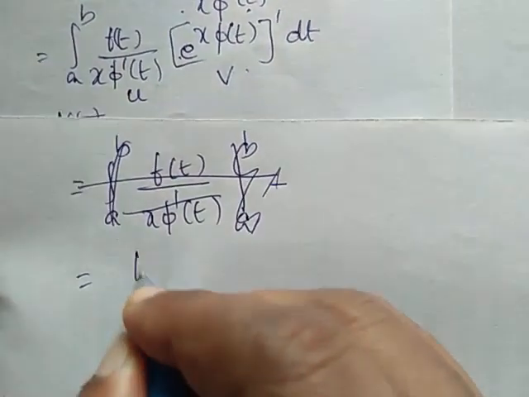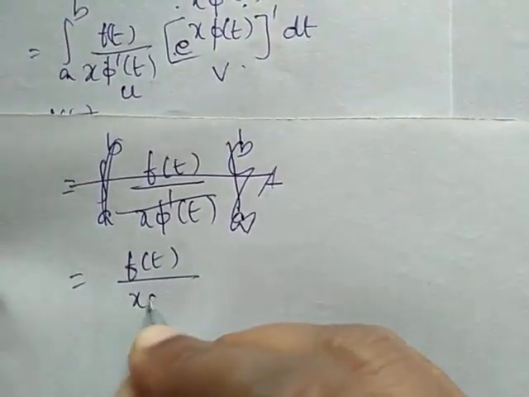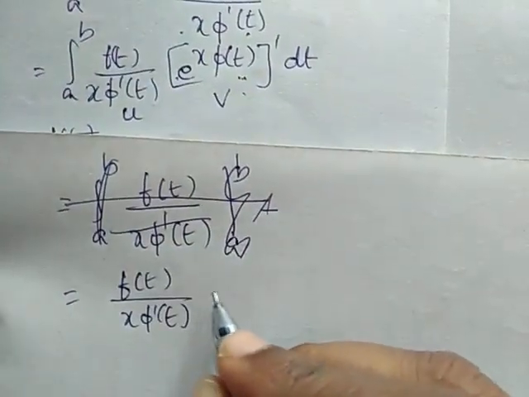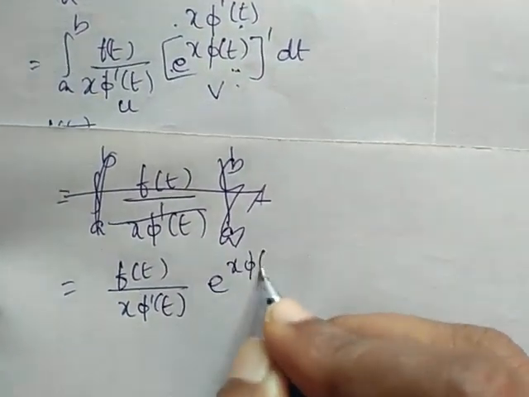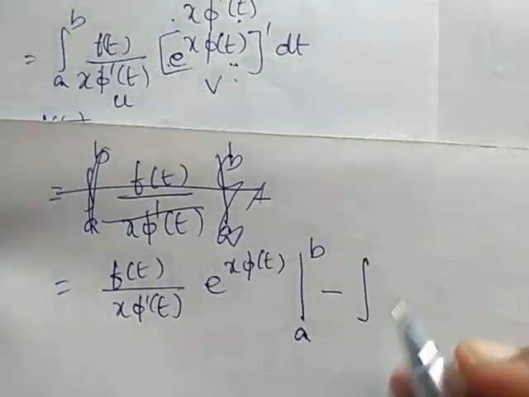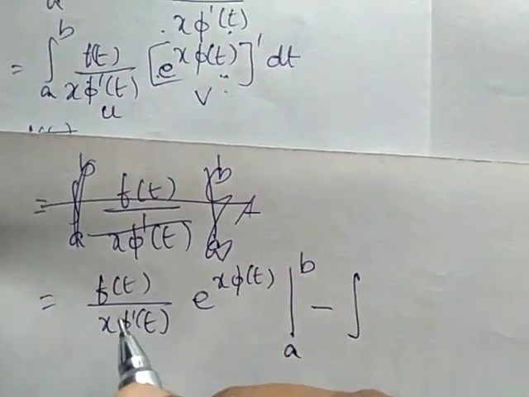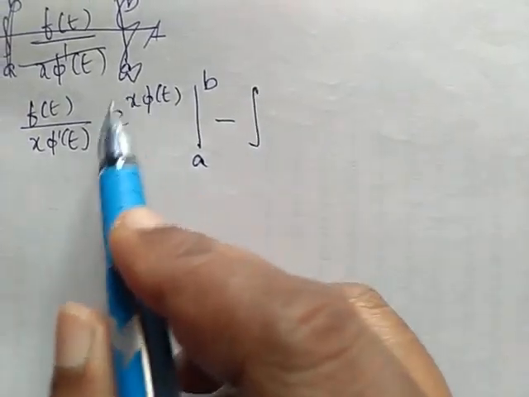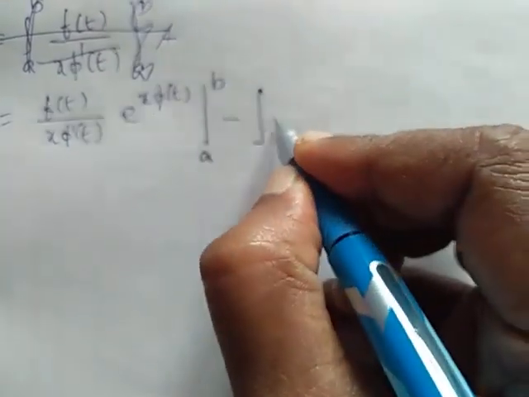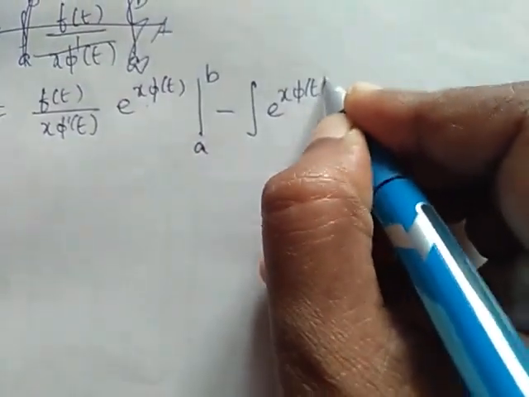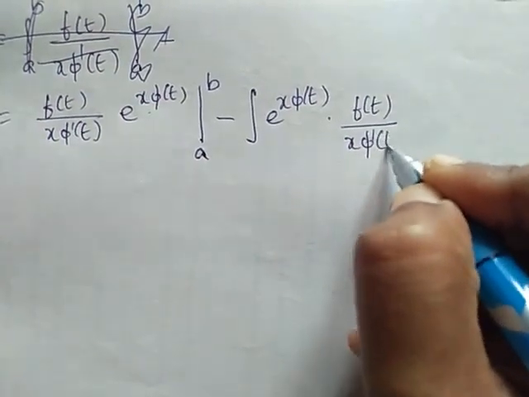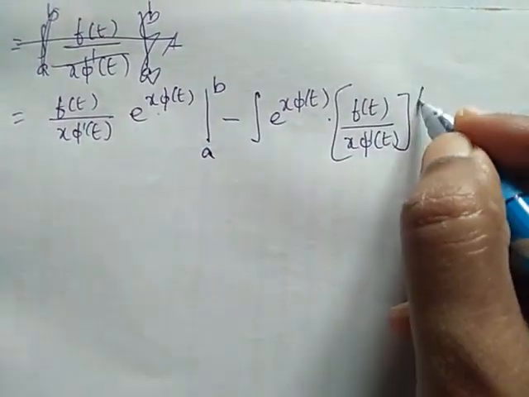We have u, which is f of t by x phi dash of t, times the integral of v, that is e power x phi of t, with limits between a to b, minus the integral of the derivative of u into v. So I'll get e power x phi of t into the derivative of f of t by x into phi dash of t. We have to differentiate this.